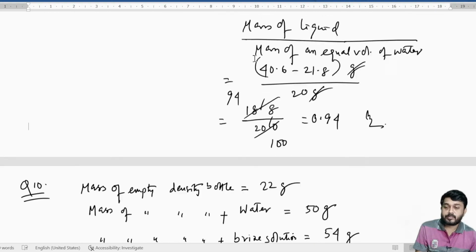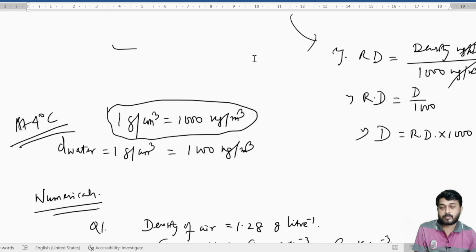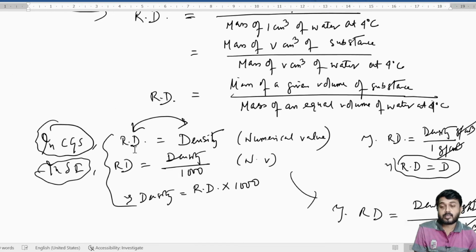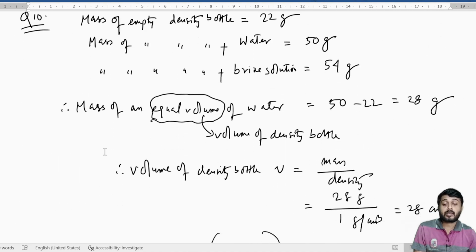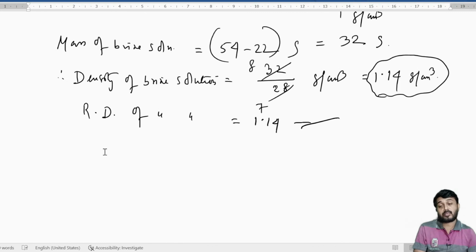In CGS system, RD equal to D, relative density is equal to the density, but in SI system, relative density equal to density by 1000, or density equal to relative density into 1000. These are so much important things for doing this kind of numericals. Keep these things in mind, so that your steps are shortened. So we will get the answer easier. So RD of brine solution is 1.14.